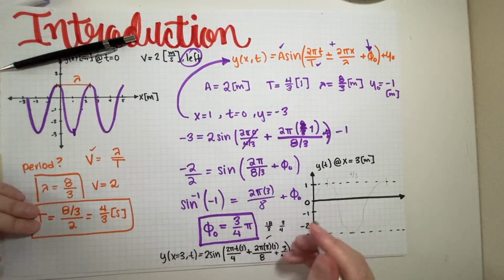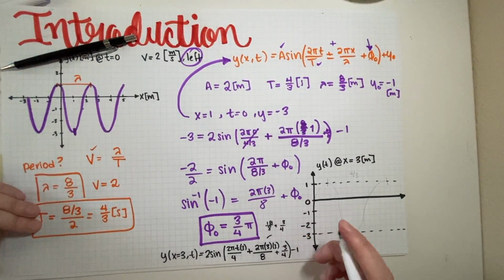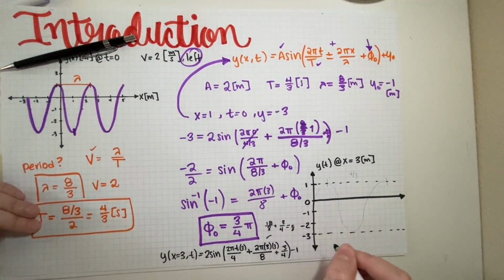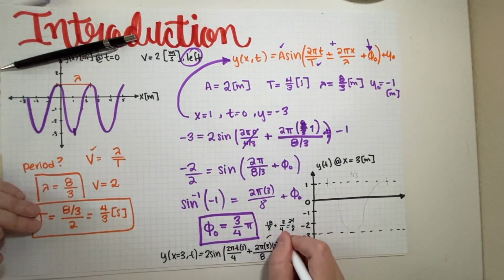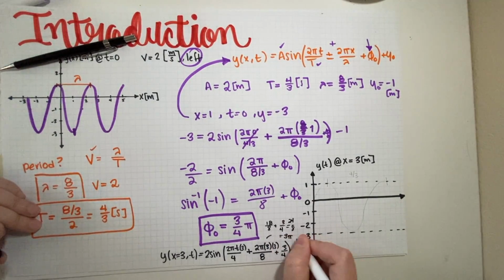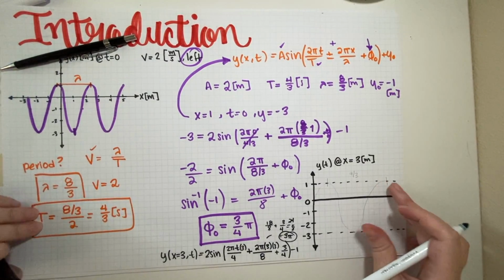Oh, and we're adding them. So this is 6, 8, 18 plus 6 is 24, and then 24 divided by 8 will be equal to 3 pi's. So we need to move this by 3 pi.